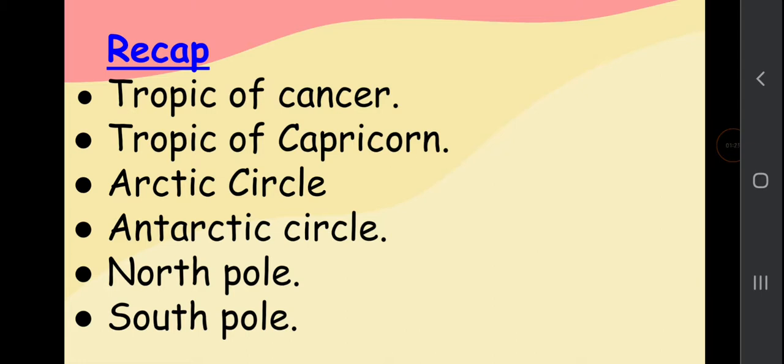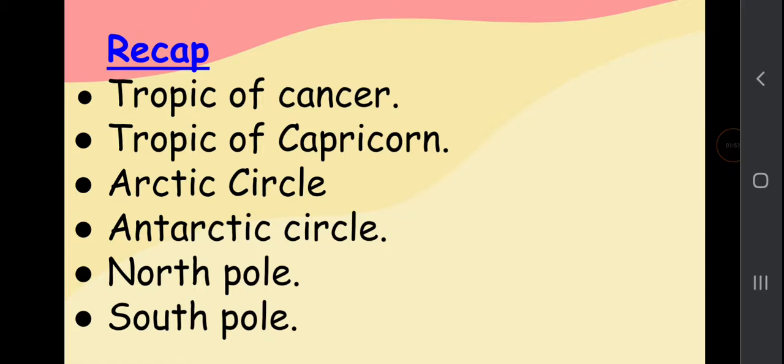Equator is the line that is in the center of the globe. Equator divides the globe in two equal halves, northern hemisphere and southern hemisphere. Tropic of Cancer is the northernmost point of the earth that receives the direct rays of the sun.